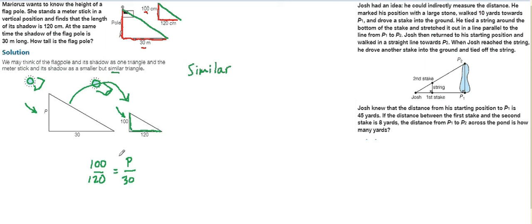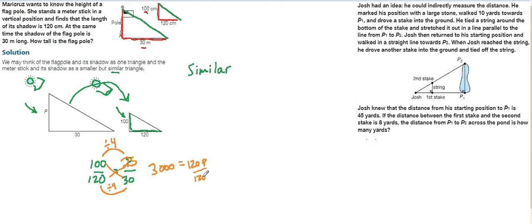Okay, and how do we solve proportions? There's a couple ways. We could say, well, 120 divided by 4 is 30. Therefore, 100 divided by 4 is 25, and that is the answer. We can also cross multiply, right, and find that 3,000 is 120p.